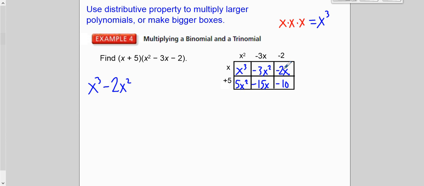Okay, see if you have any other like terms in here. We do. Negative 15x and negative 2x are like terms. They have the same variable. Negative plus a negative is a negative, and then a minus 10. And that's our final answer.